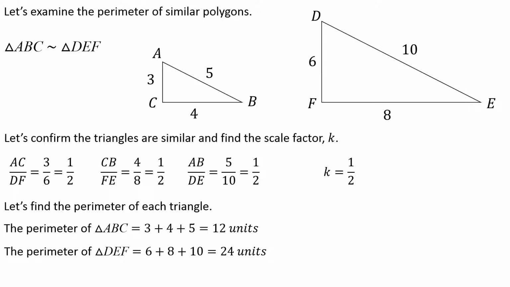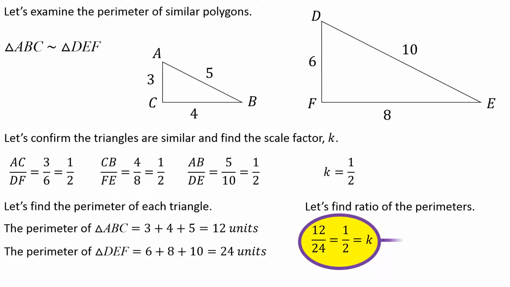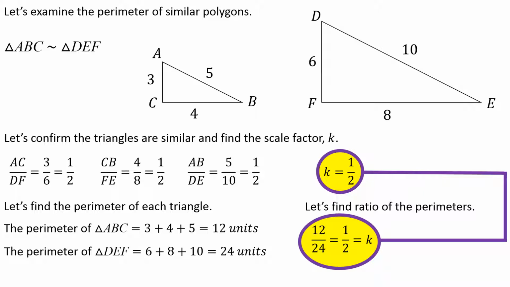Of course, for the larger triangle, it looks like it's 24 units. And then, surprise, surprise, the ratio of the perimeters is 1/2, which is the same as the scale factor k. Well, that's easy.